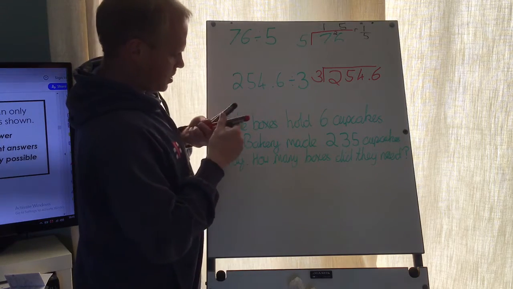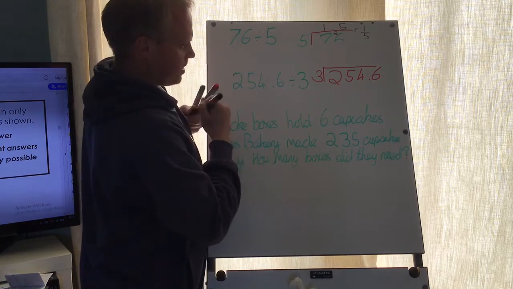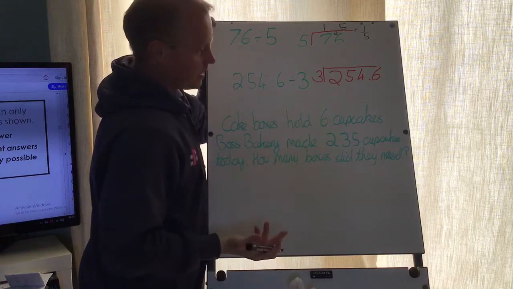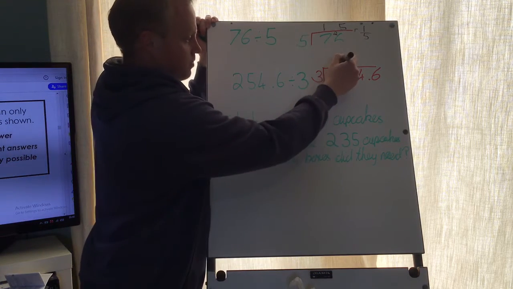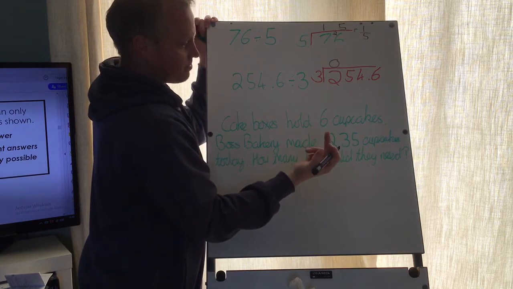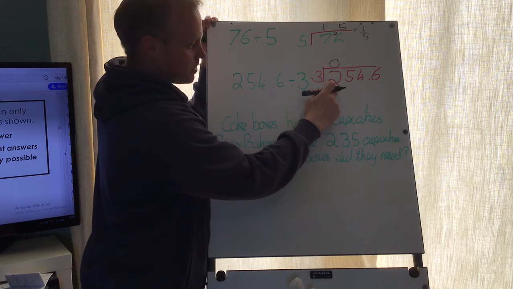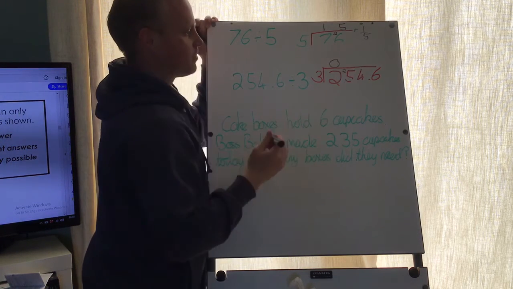Let's go through it step by step. 2 divided by 3, that's the first step. You clearly can't do it because 1 jump of 3 would be 3, and we've only got 2, so you put 0 there. 3 times 0 is 0, so the difference between 0 and 2 is 2, so that is what gets exchanged. There's 2 left over.